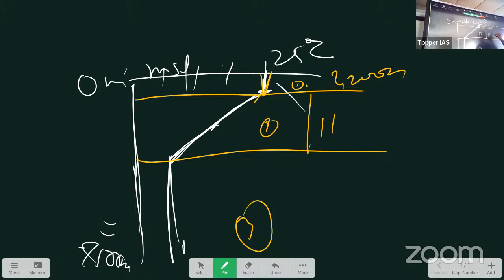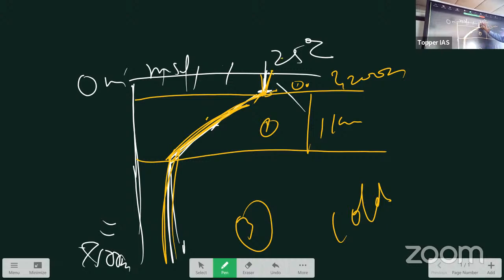After this, up to 1 kilometer, there is a transition zone, where there is a rapid decrease in temperature. Beyond that the temperature is low. This is cold water, because you can see the temperature is nearly 0. So the upper surface is the high temperature zone, then the transition zone, and the third one is the cold water zone. 90% of water is in this region of the oceans. This is only 10%. Correct? Understanding this?